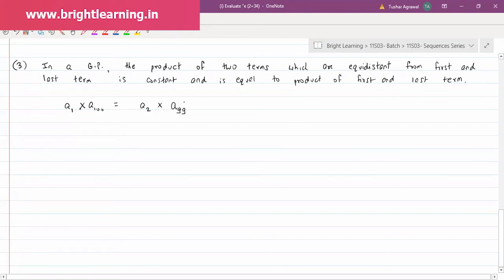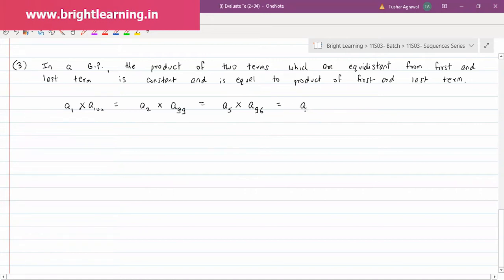A99. Do you get it? Or you can call it A5 multiplied by, now we got A5 as A1 into R raised to 4. So we got R raised to 4 extra. So we can call here A100 upon R raised to 4. So that will be A96. And so on.